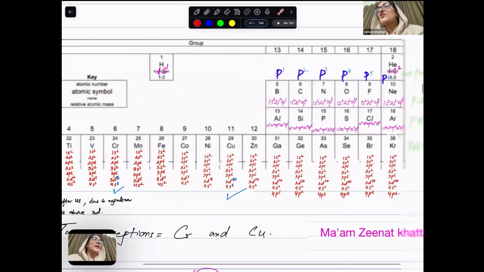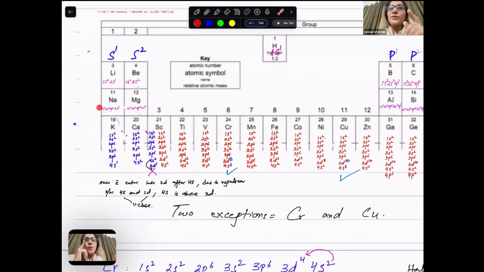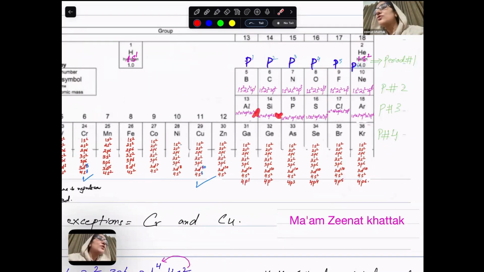Then 1s2, 2s2, 2p1, 2p2, 2p3, 2p4, 2p5, 2p6. Now, 1s2, 2s2, 2p6, and then 3s1, 3s2, then 3p1, 3p2, 3p3, 3p4, 3p5, 3p6. The third quantum shell is in the process of filling, period 3.